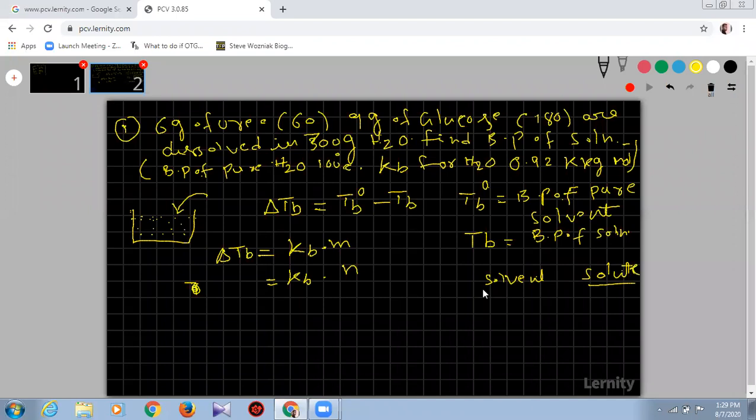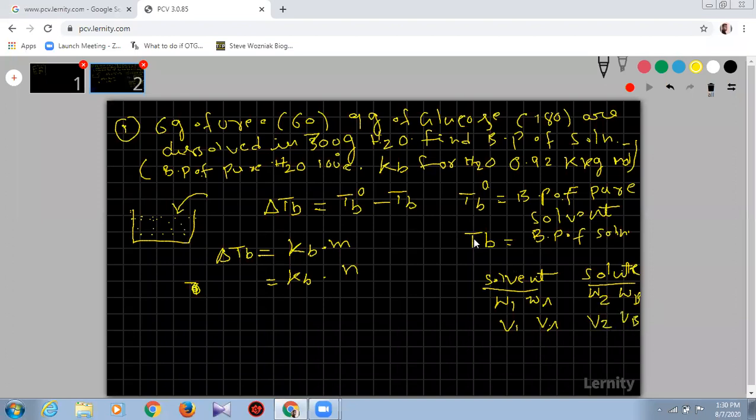Solvent is usually larger in amount, so if it is weight I represent it with W1 or WA, and if it is volume, V1 or VA. The solute is lesser in proportion, so I give it rank 2: W2 or WB, V2 or VB.